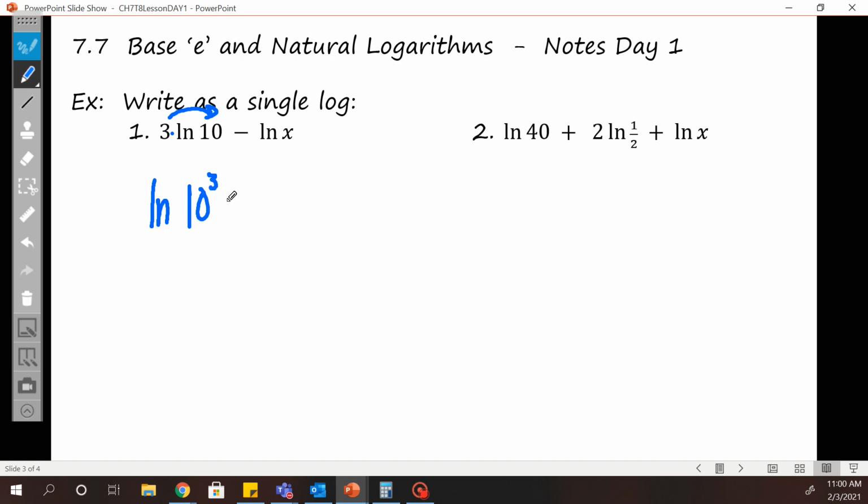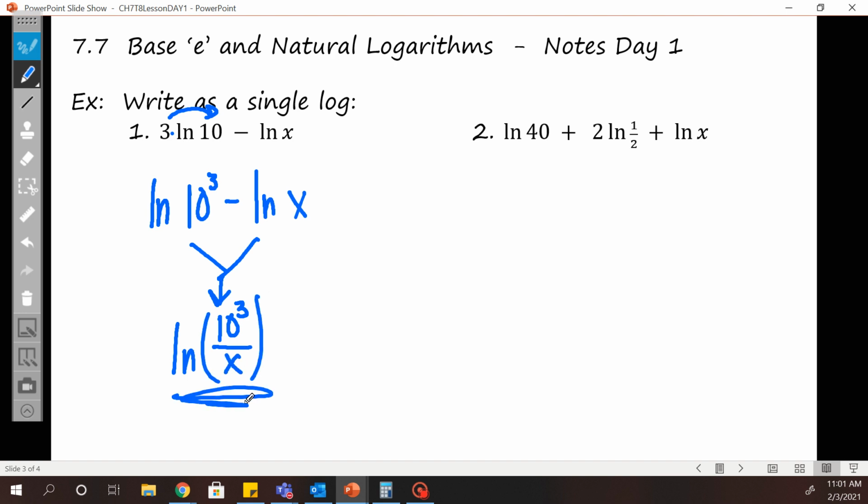So this is the natural log of 10 cubed minus the natural log of x. And now I can combine these because it's minus. So I can combine this into a single one, 10 cubed divided by x. And now it's a single logarithm. And the reason I'm dividing is because I'm subtracting these two logarithms. Okay, so it's subtraction.